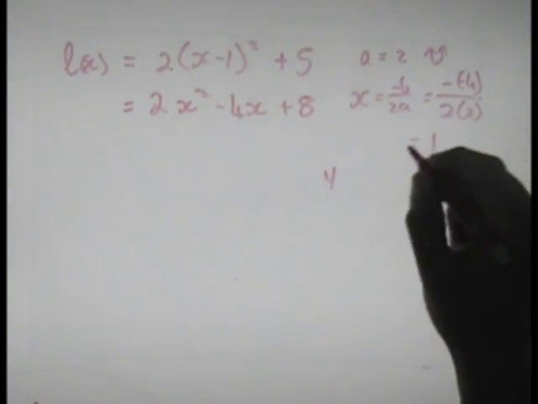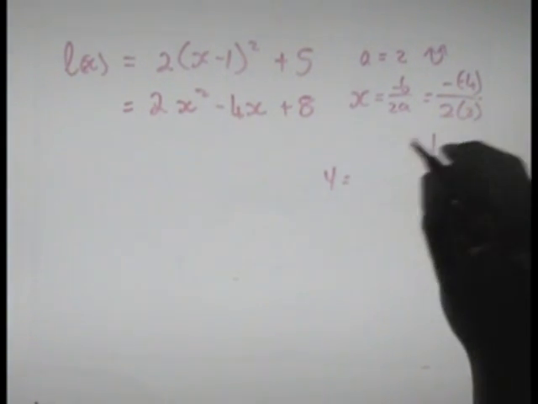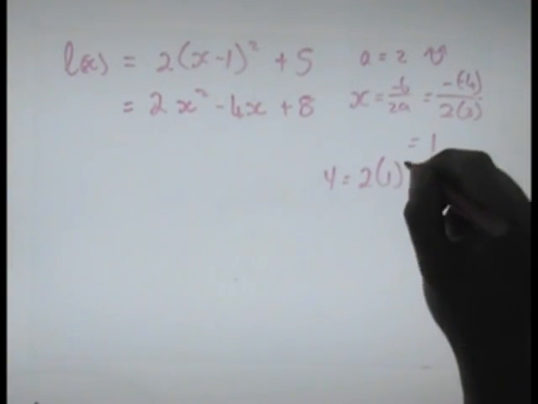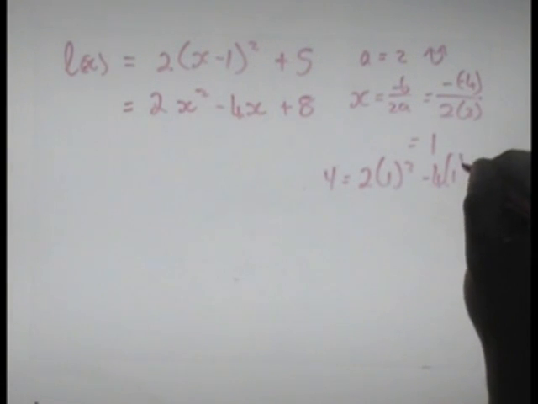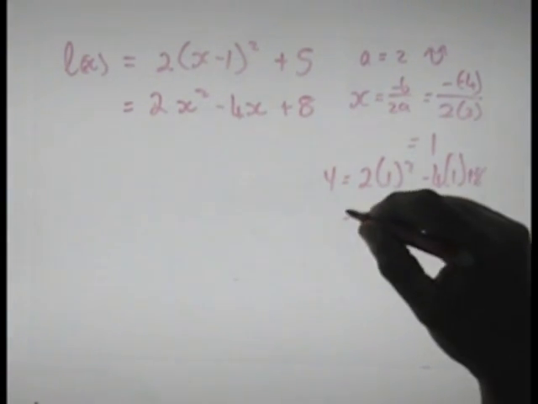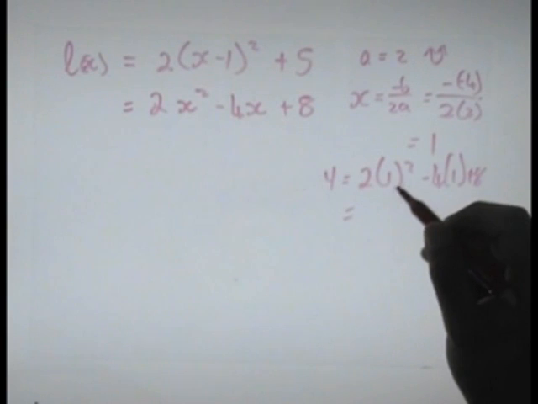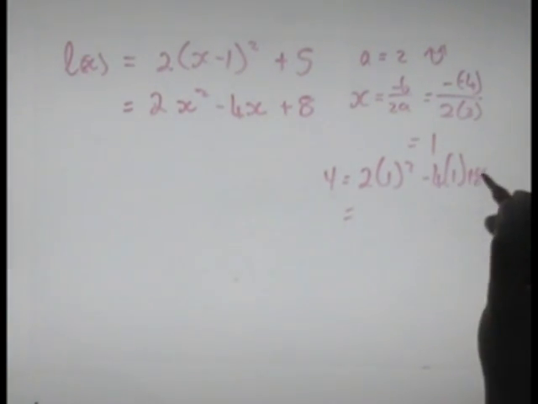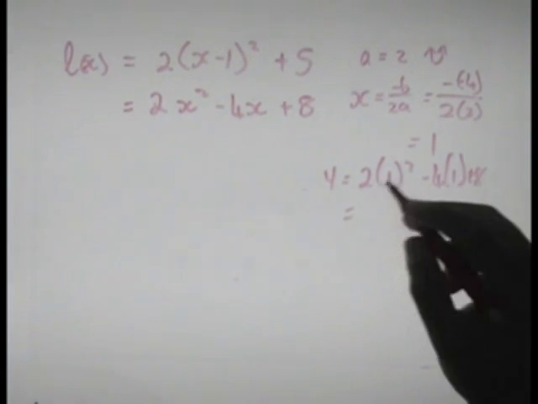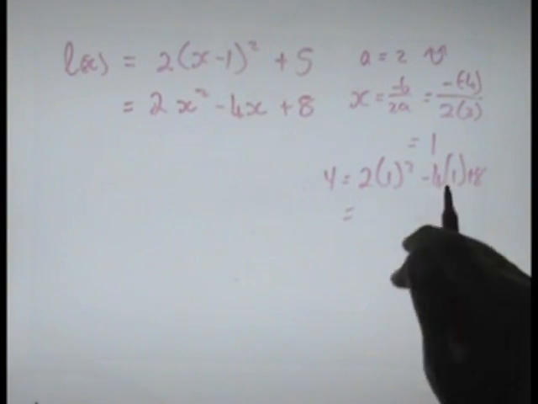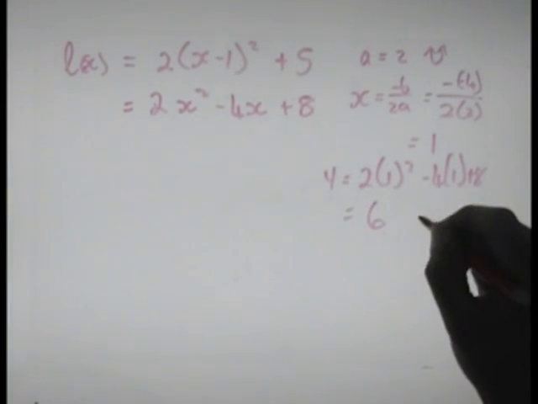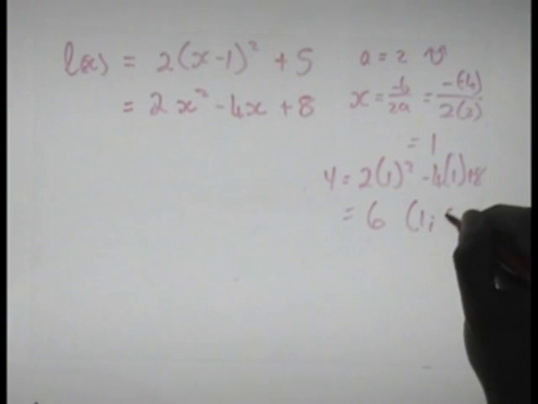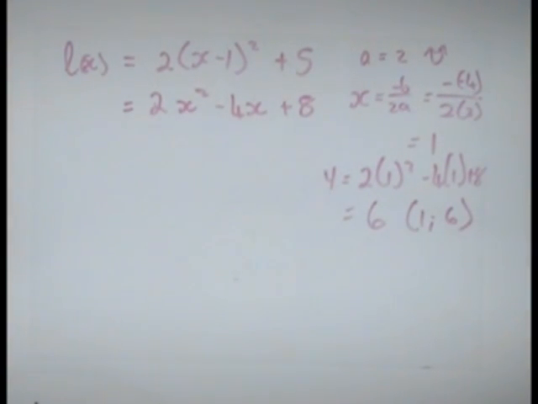The y-coordinate of the turning point is equal to 2 times 1 squared minus 4 times 1 plus 8, which is 1 squared is 1, times 2 is 2, minus 4 is negative 2, plus 8 is positive 6. That means my turning point is x is equal to 1, y is equal to 6.